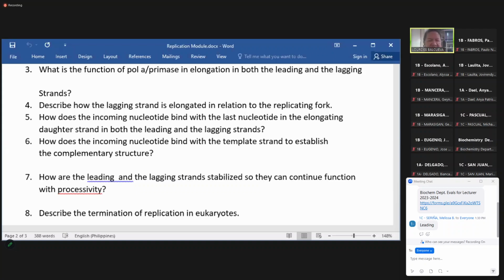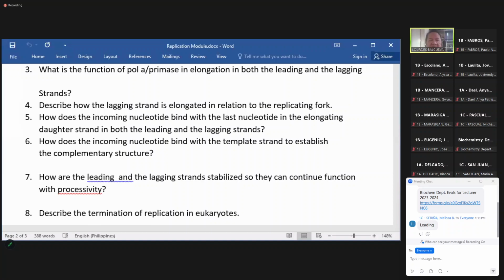What is that protein that is incorporated into the polymerase in order for it to have processivity? Either polymerase delta or polymerase epsilon needs this in order for processivity to function.